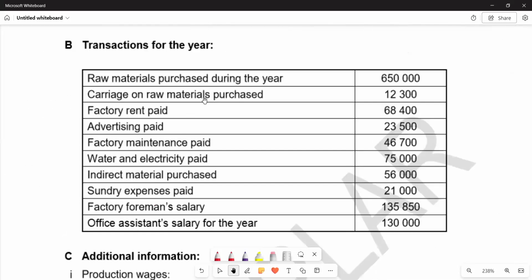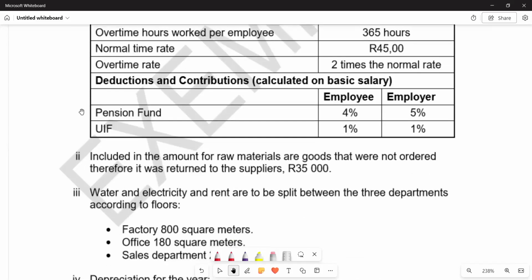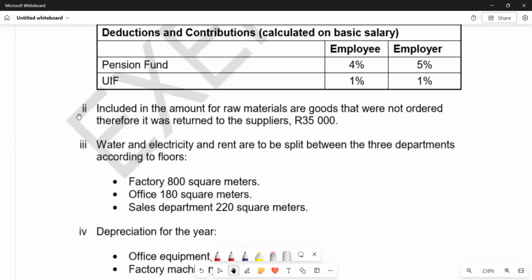So we go to the next page and try to see what we have. We now have information B, whereby we're given transactions for the year, a list of balances that we are given there. If you go to information C, it is additional information, and we are specifically looking at production wages. The information is still going, with a continuation.